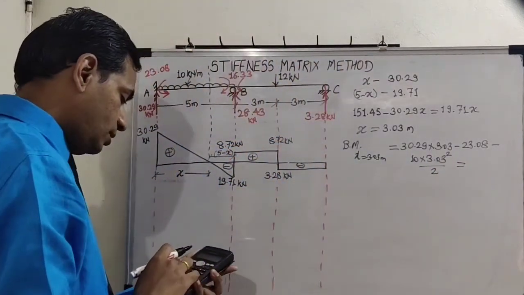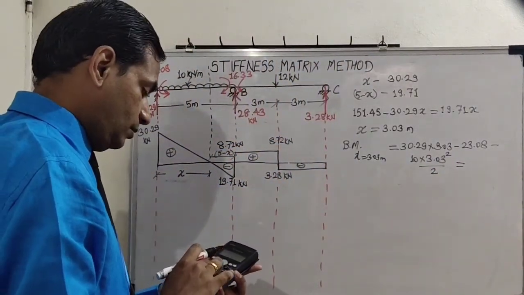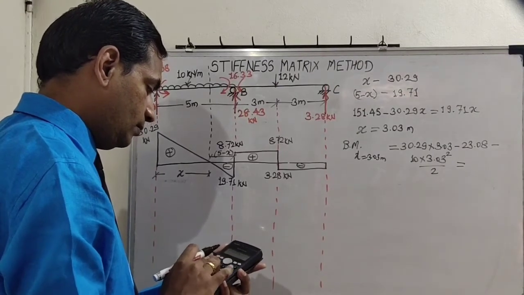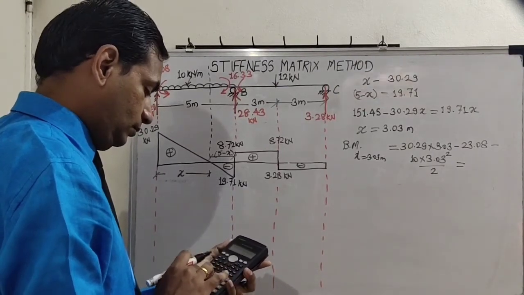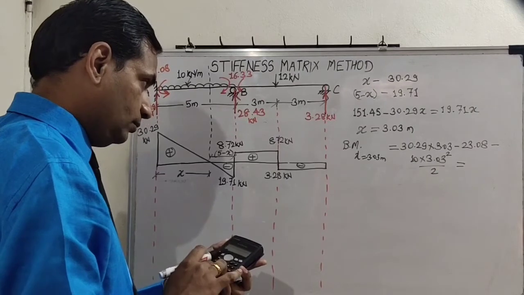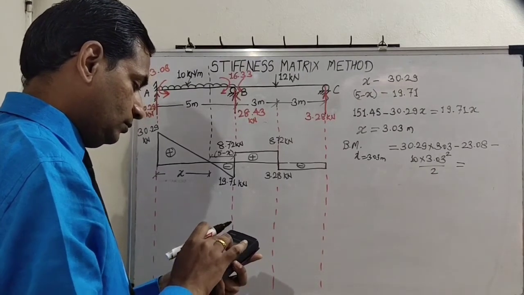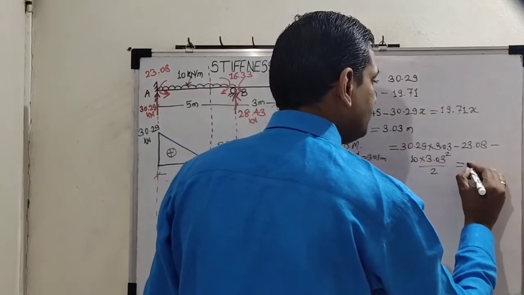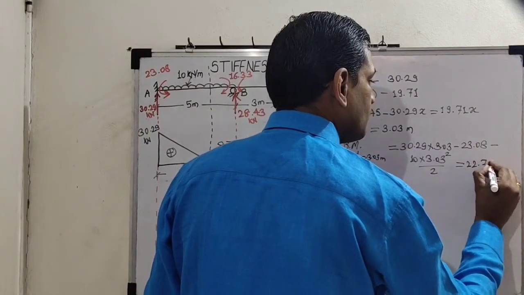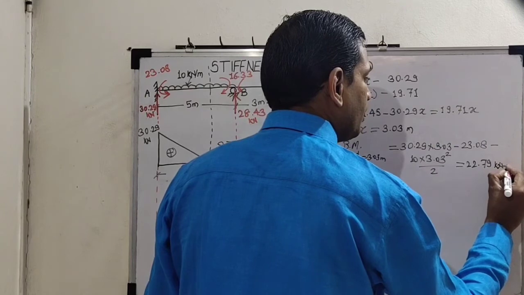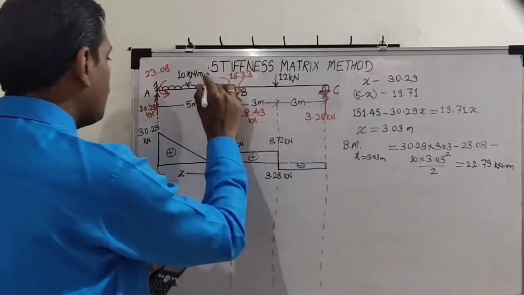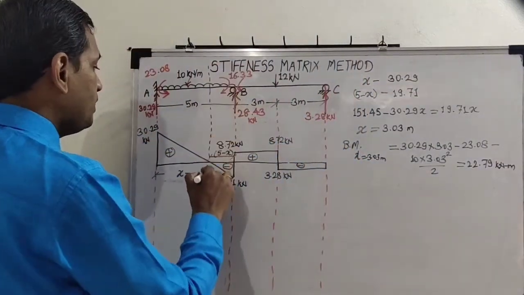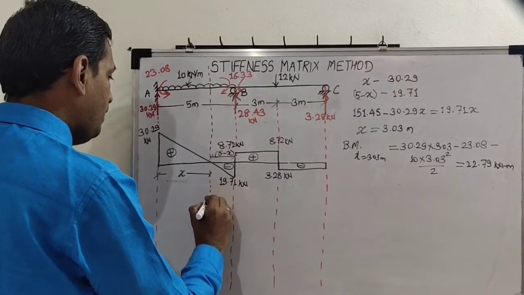Let us see the answer. It is 22.79 kilonewton meter.